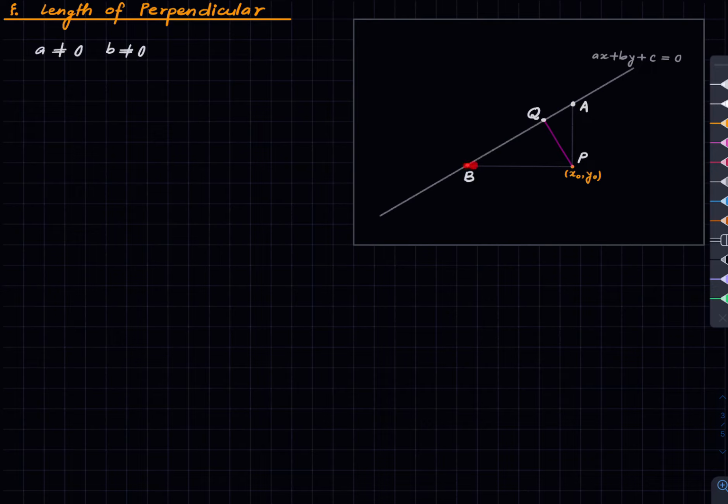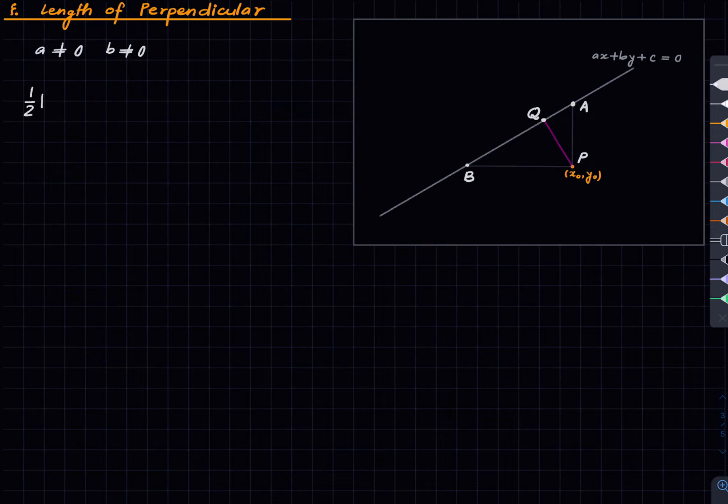The first is when you think of this as the base and this as the height. The area of the triangle is half times base times height. Or you can take this as the base and write down the area as half times base times height.